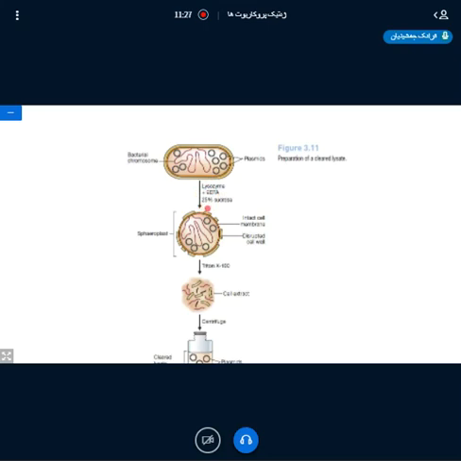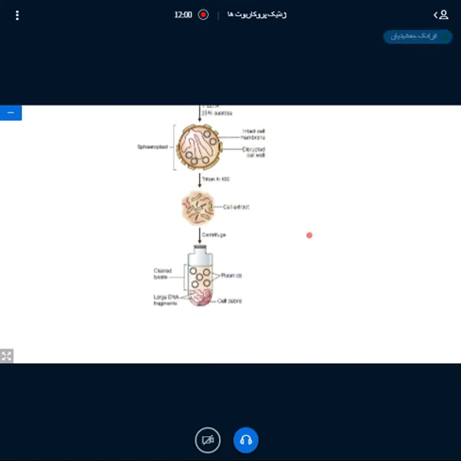We have partial digestion of the cell wall, and the cell membrane will stay intact. We call it a spheroplast. And after that, we add Triton X-100. Triton X-100 is a non-ionic detergent.